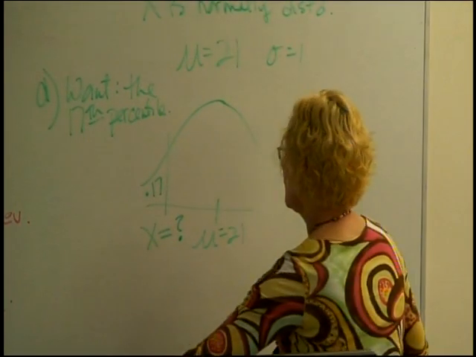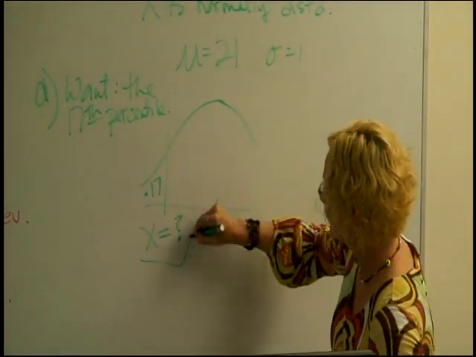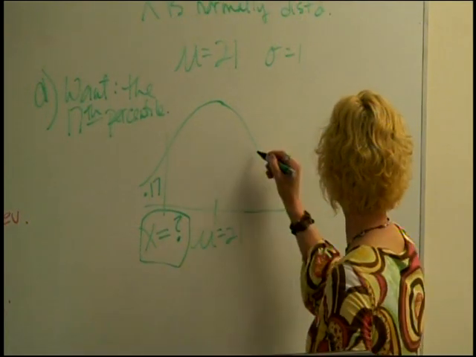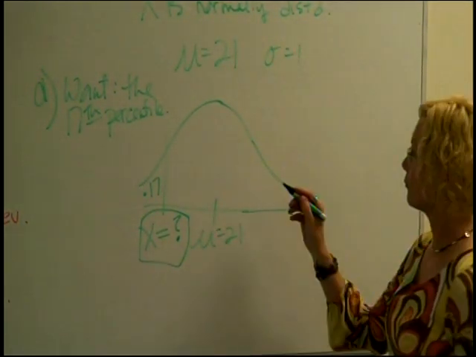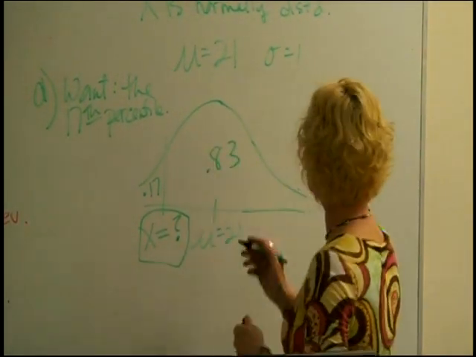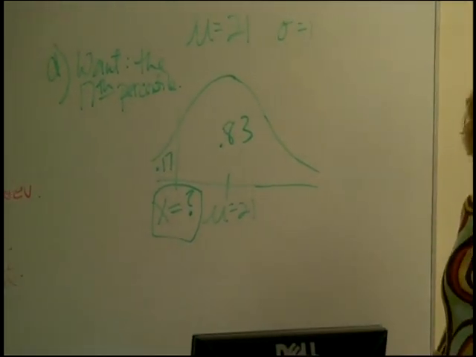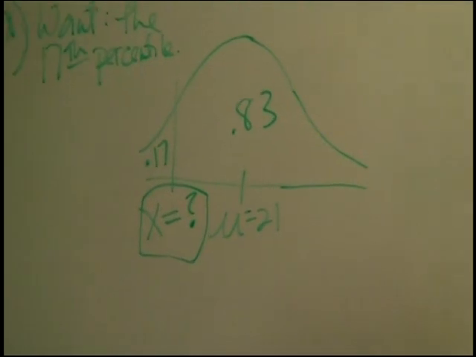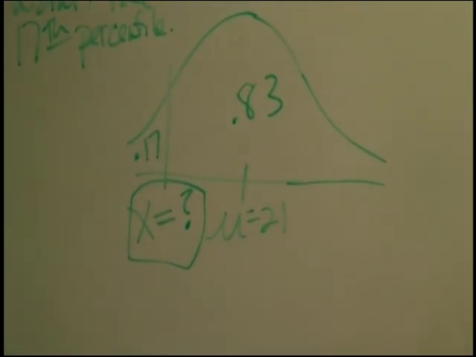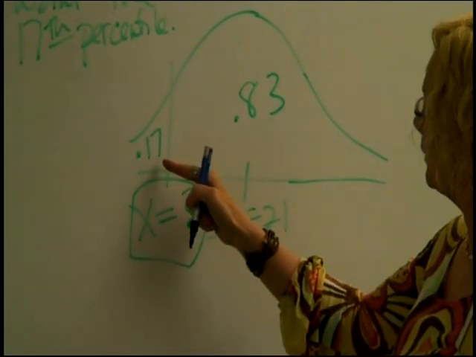So this is our goal. Just for the record, we've got 0.83 over the rest of the distribution. Our first step, I think you're going to especially like the calculator for this part. We've got our probability.